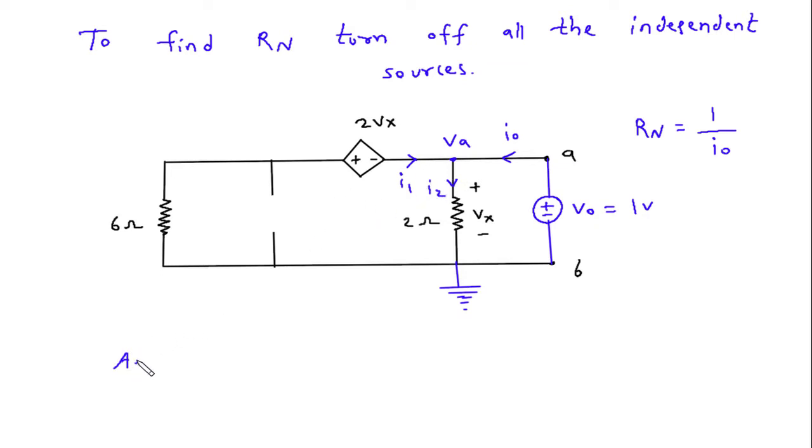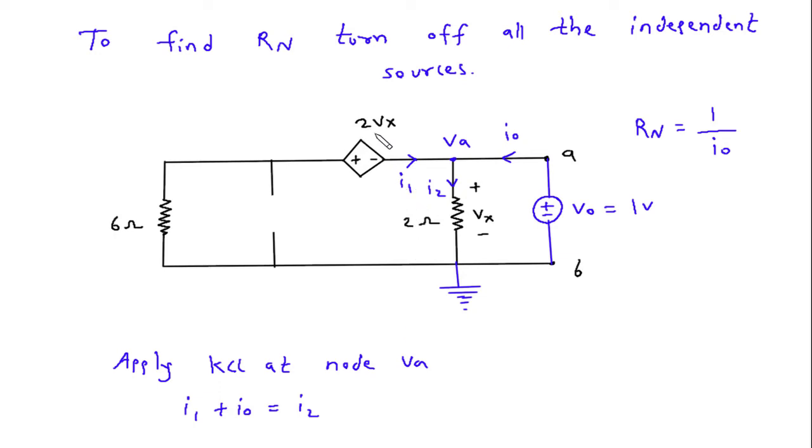So apply KCL at node VA. So summation of all the entering current is I1 plus IO, is equal to I2.